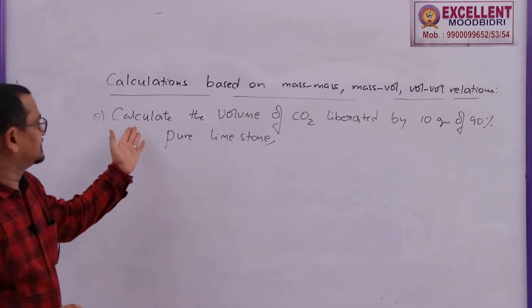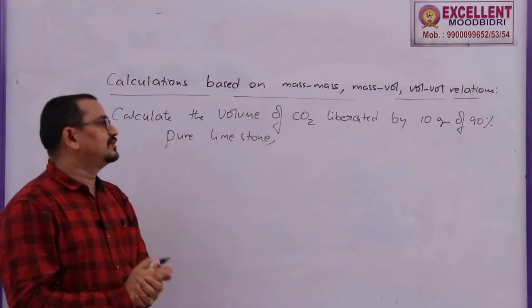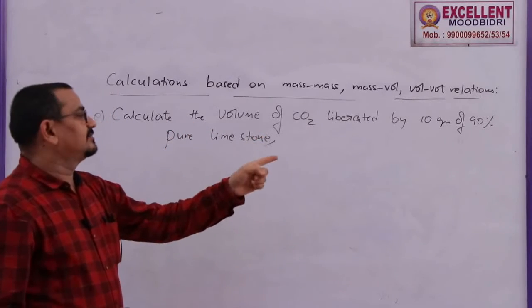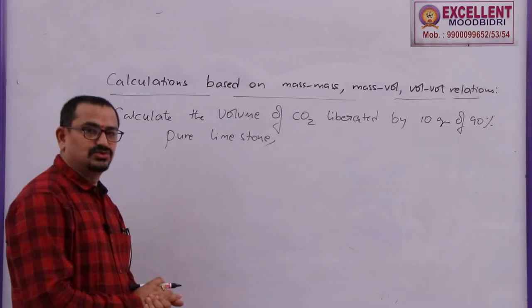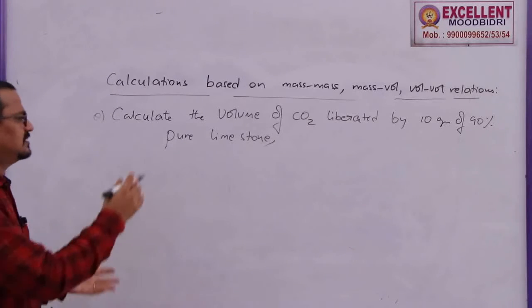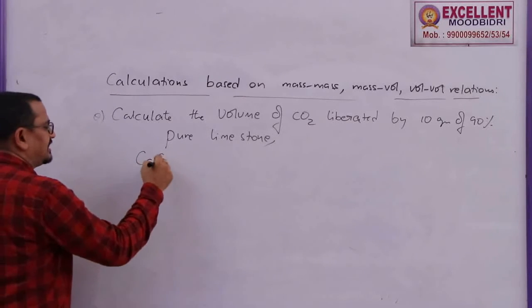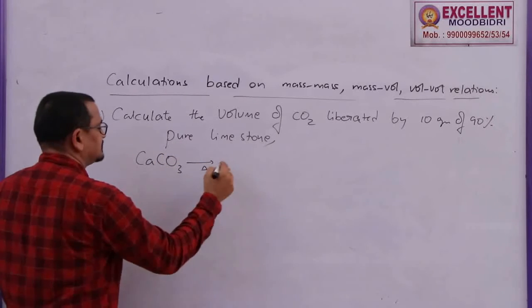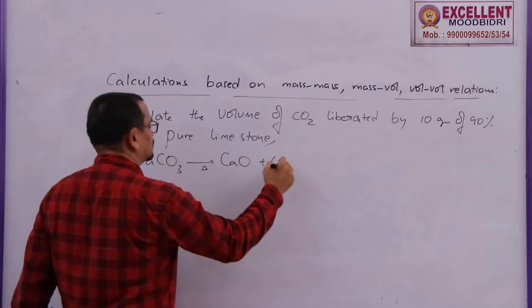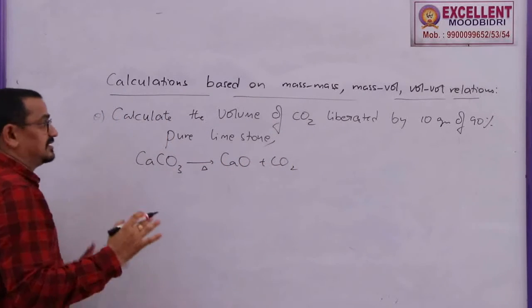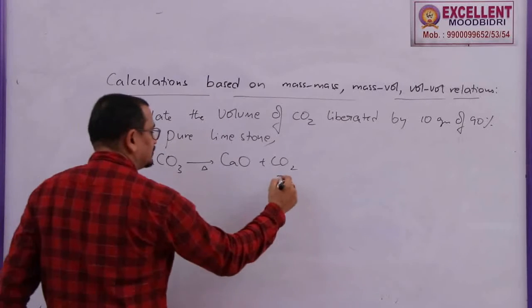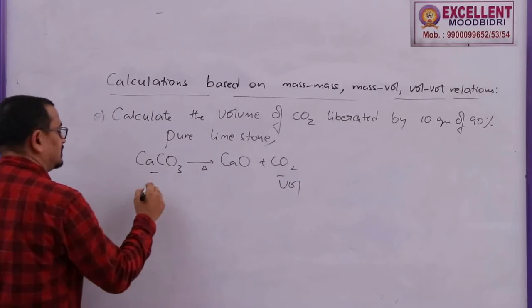Suppose we are asked like this: calculate the volume of CO2 liberated by 10 grams of 90% pure limestone, 90% by mass pure limestone. So usually we can go to the equation CaCO3 giving rise to CaO plus CO2. Now in this question we are dealing with the volume of CO2 and the mass of CaCO3.